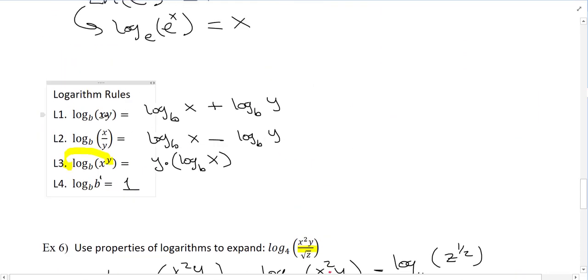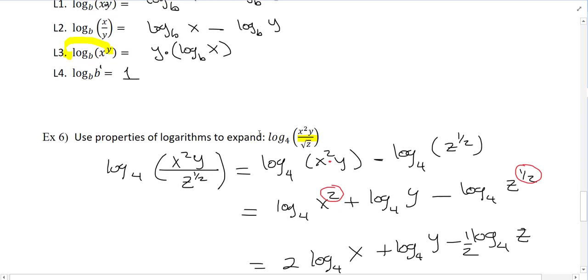Notice that in our properties, the inside of the log is x times y, x divided by y, or x to the power of y. There's no property where the log has some base and the inside has a plus or a minus. So the pluses or minuses are just on the outside once you're expanding and you have multiple logarithms.